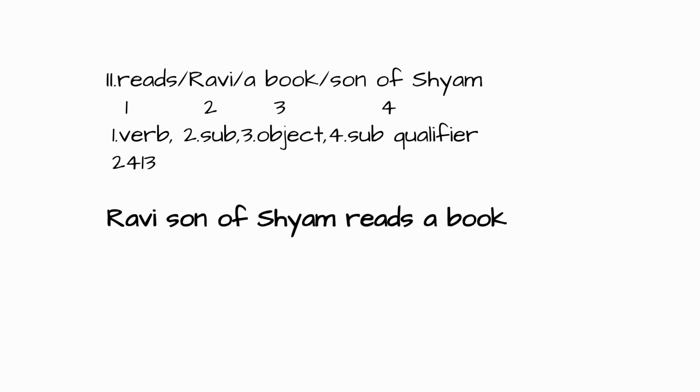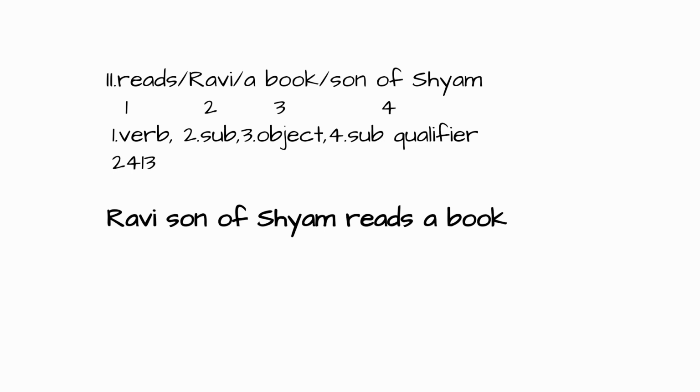Now try to rearrange them. Generally, first, what should be there in a sentence? Subject should be there, so 2 should come first. After the subject, if there is a subject qualifier in the given jumbled words, then it should come immediately after the subject.